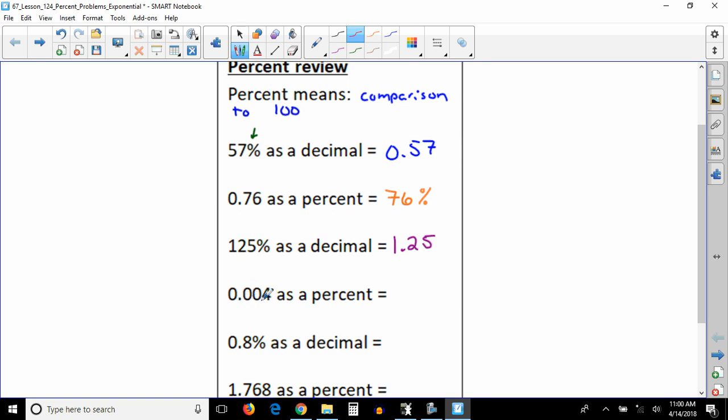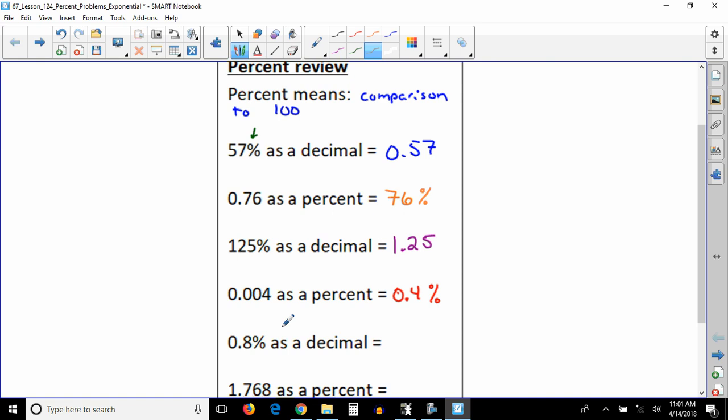So 1, 2 to the right. So this is actually 0.4%. You have to be careful with that, because there is a possibility that you're still going to have decimals in your percentages. I know I've said decimal and percent a lot of times, but you're going to see a lot of that. So knowing which way to move in this case is really important.